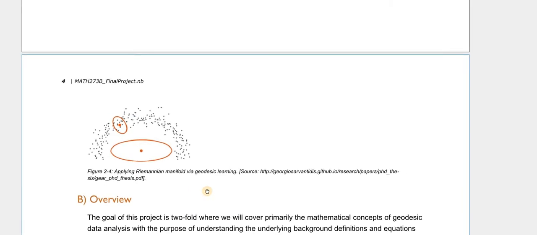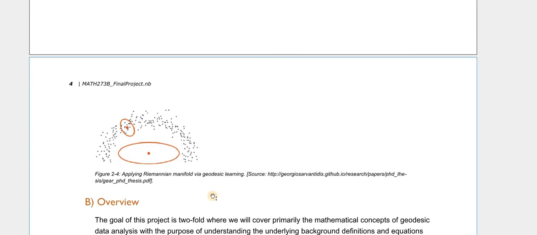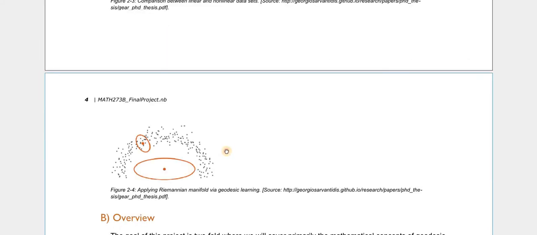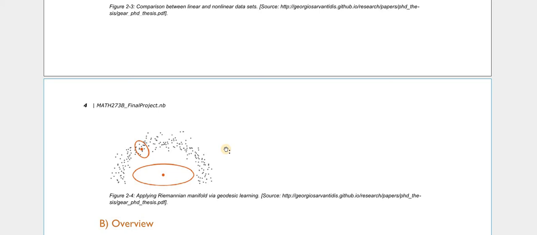So to bridge theory and practice, as I mentioned, we'll be using Riemannian manifolds so that we have this metric notion of geodesics, which is the shortest distance between 2 points within a manifold or a curved space. In order to do this, we need to perform geodesic learning or geometrical learning, where, in a Riemannian manifold, typically how this is done is you have to define an inner product between tangent vectors at each point.